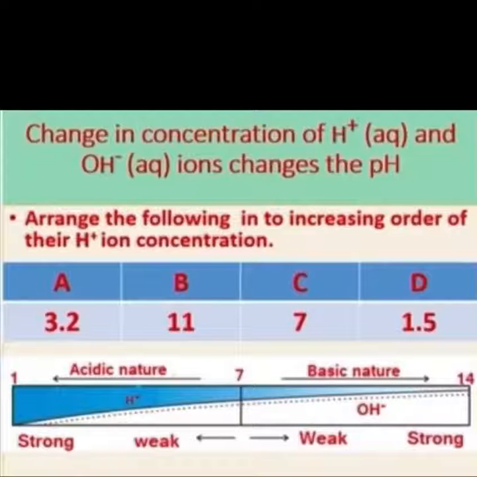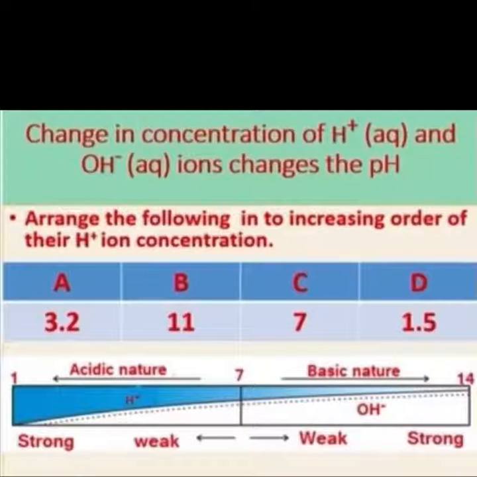I already told that if the pH is less, then acidic character increases, right? Yes. Children, now tell me which solution is having more acidic character? Tell me. Here A has pH 3.2, B 11, C 7 and D 1.5, right?